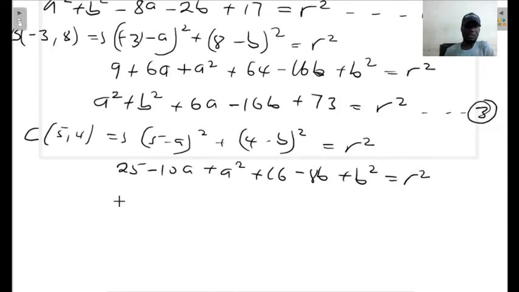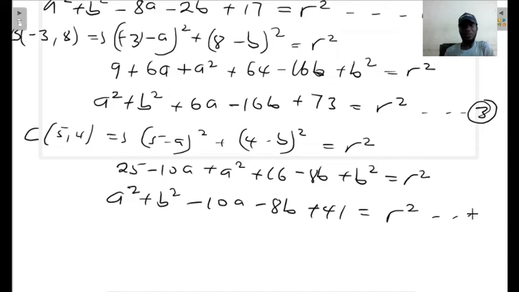Rearranging, we are going to have a squared plus b squared minus 10a minus 8b plus 41 equals r squared. Let's call this equation 3. So this is supposed to be equation 2. This is equation 2.